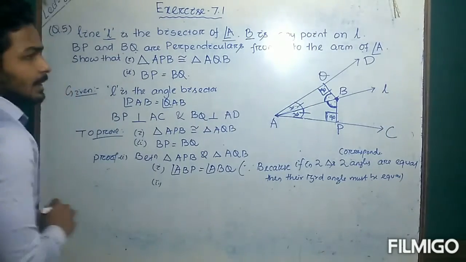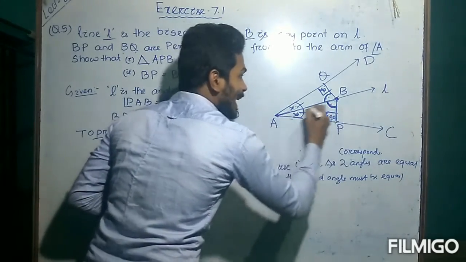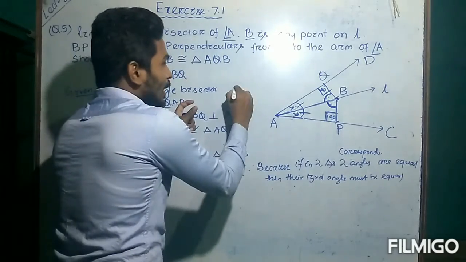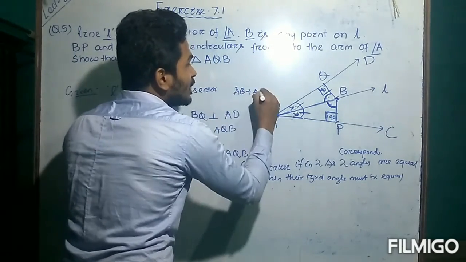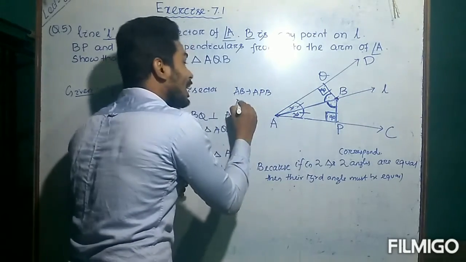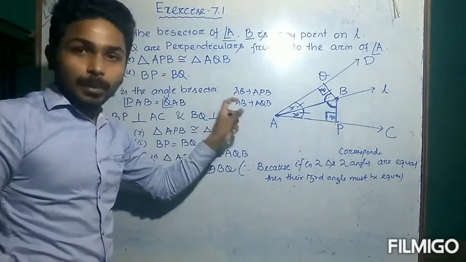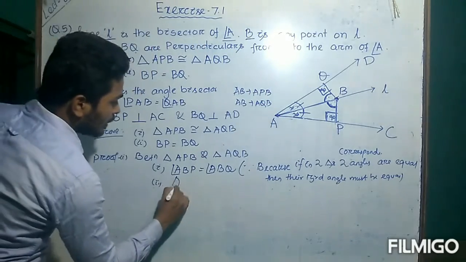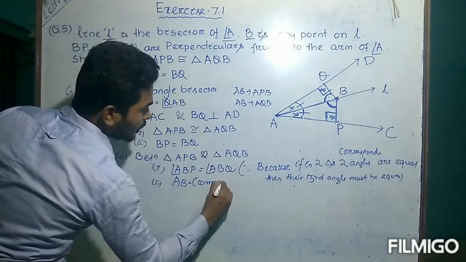Clear? Next thing. See, if we consider this triangle, then AB is a side for the triangle APB. And if you consider the AQB triangle, then AB is also another side for the triangle AQB. It means AB is the common side to both the triangles.